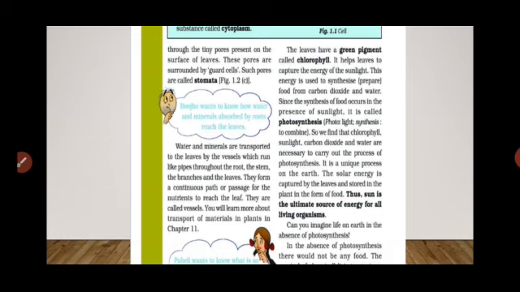Then how does the carbon dioxide reach the leaves? The carbon dioxide is absorbed by the tiny pores present on the surface of the leaves. On the leaves there are tiny pores, and these tiny pores are protected by guard cells.